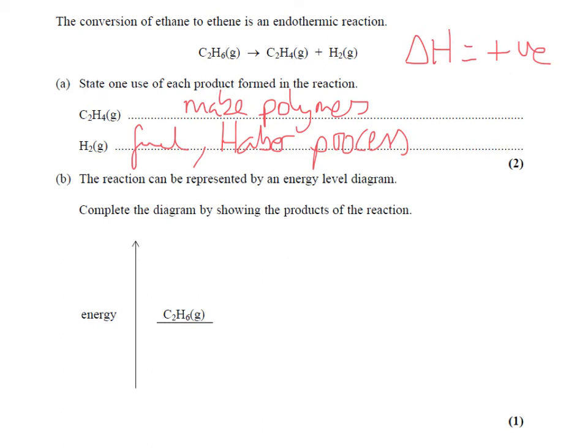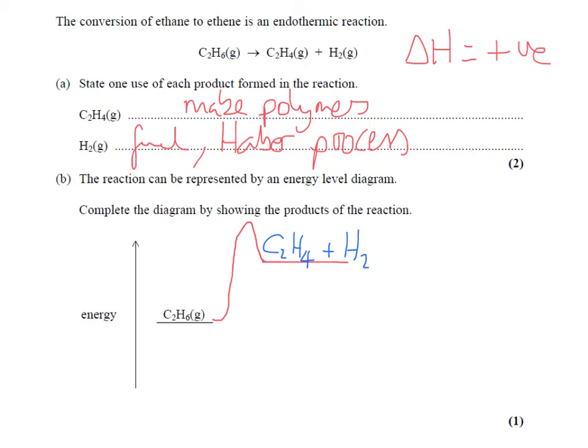So the energy level of our products is going to be way up here. And we'll label that C2H4 plus H2, and we usually put on a little bit of a line to go between, and I'll leave it as that.